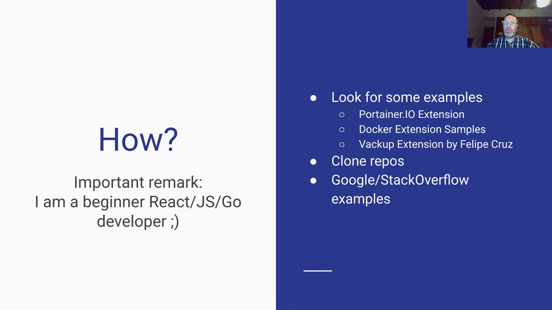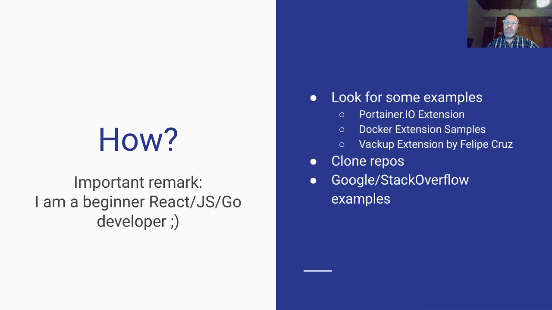Also, Docker provides Docker extension samples, which is another good starting point to see how to make an extension. And the backup extension by Felipe Cruz is the biggest resource to know how to extract all the functionality, in terms of examples of UI code or Go programs, to interact with all the internal functionality of Docker Desktop.